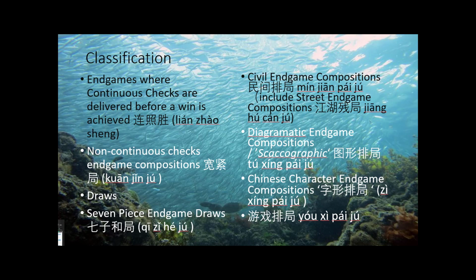Then there are the Chinese character endgame compositions, whereby the pieces are arranged in the form of a Chinese character or ideogram. And there are also game and fun field endgame compositions called 游戏牌局.